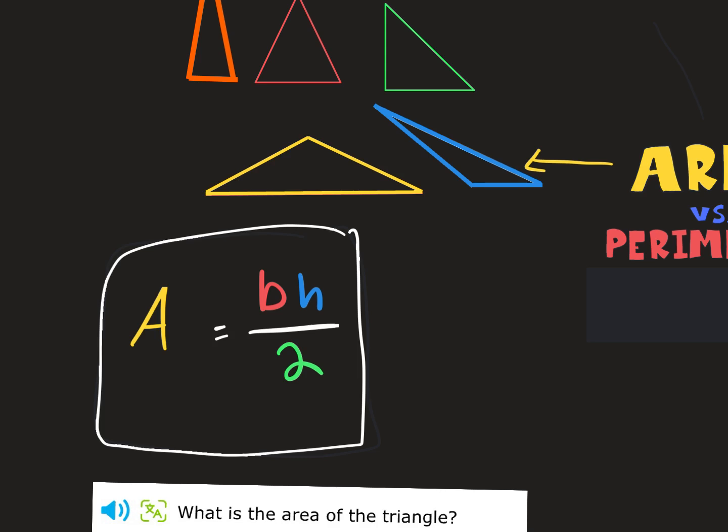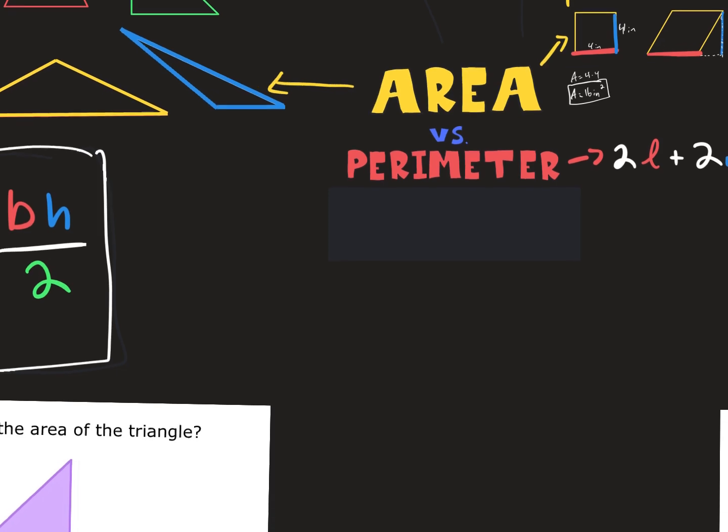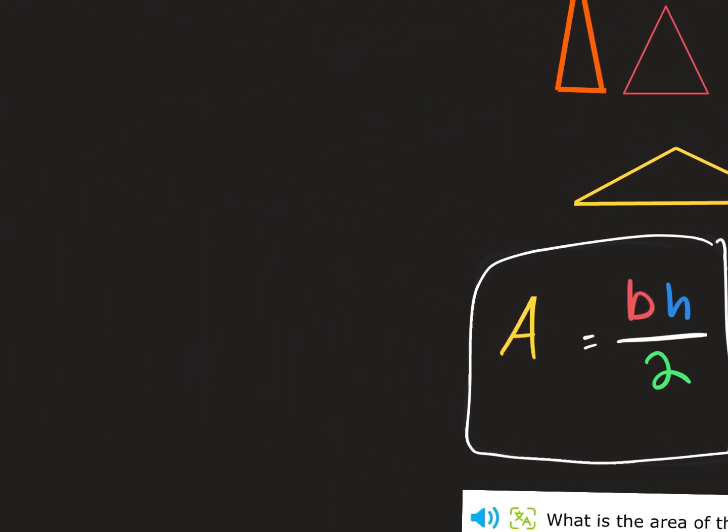And where we get this formula, I'll zoom over here. So let's say, for example, I have a square. And if I want to, in a sense, cut that in half, now I have two triangles.